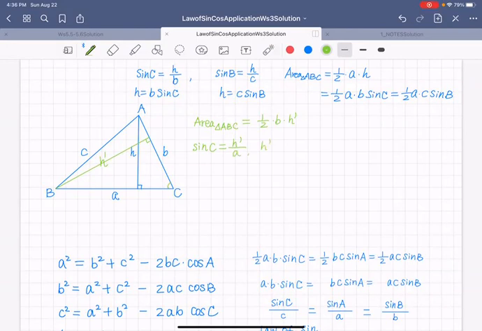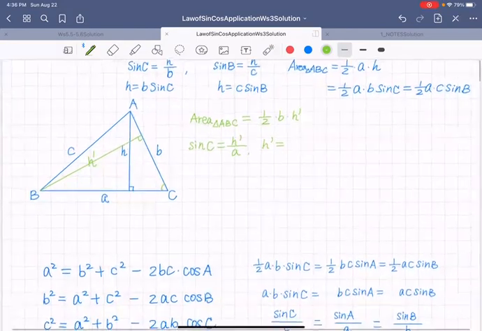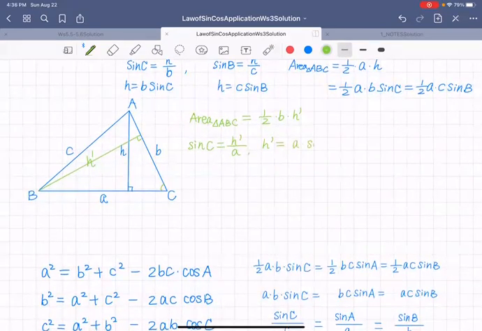So H prime equals A times sine C. All right, so the area equals 1/2 times B, with H prime replaced by A times sine C. Make sense? Yeah.